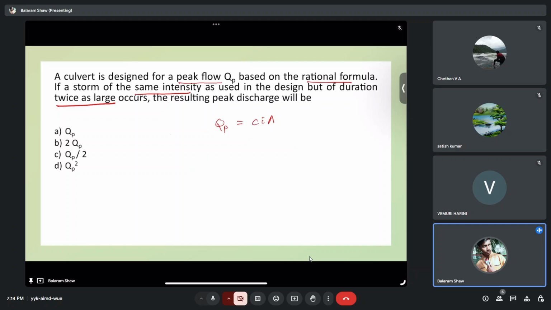So here you can see that it depends on the intensity and the area, correct? So even if the duration is changing, the intensity is remaining the same. Okay, and hence the peak flow, what will it be, will it remain the same or will it get doubled or will it get halved? Obviously it will not get squared anyway.